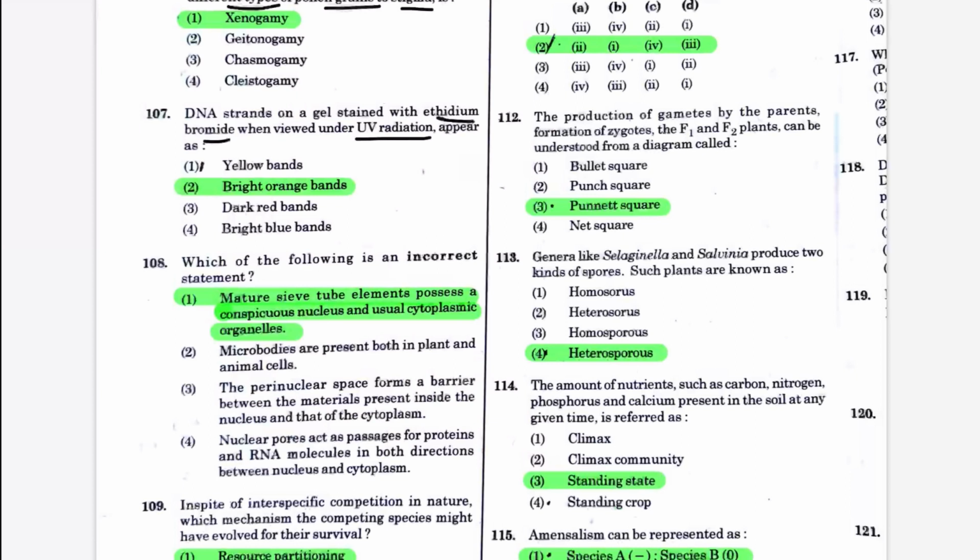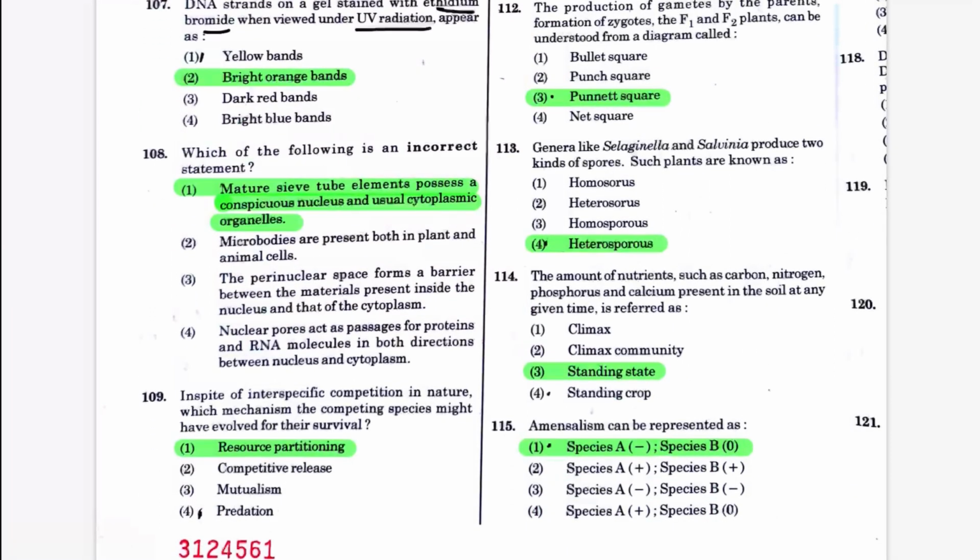This is also right. The nuclear pore acts as a passage for protein and RNA molecules in both directions between the nucleus and cytoplasm. We know the nucleus is a double membrane structure and you have nuclear pores through which substances can pass in and out. So all these 3 options are correct, whereas the first one is wrong because mature sieve tube elements will not possess a nucleus.